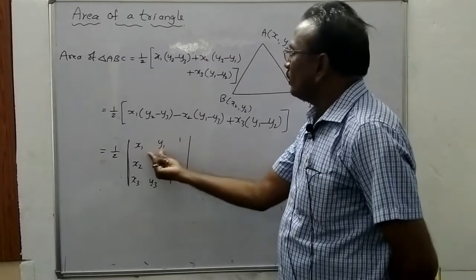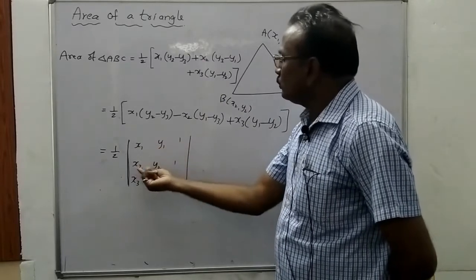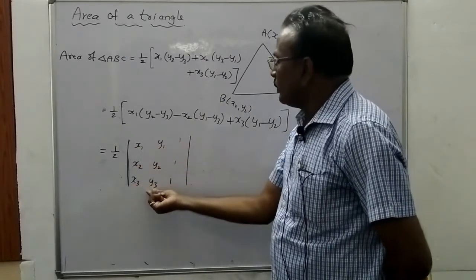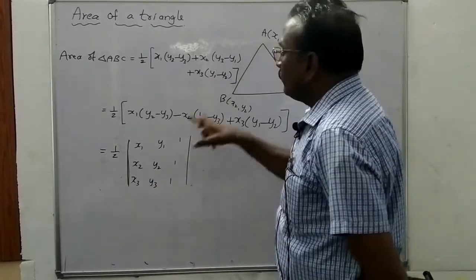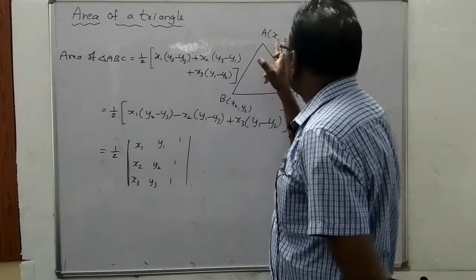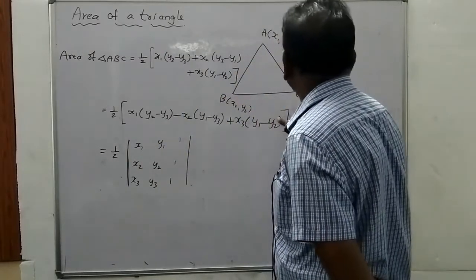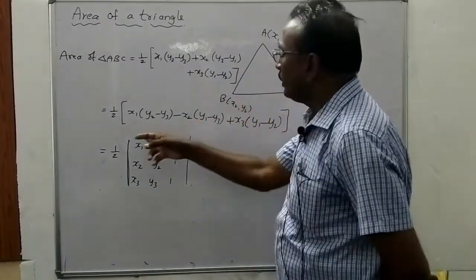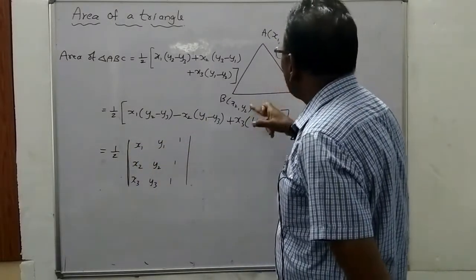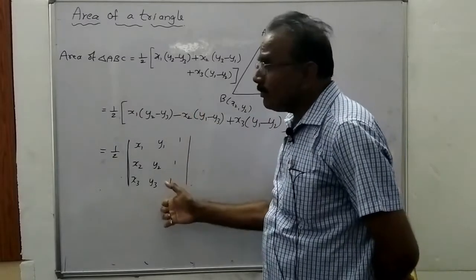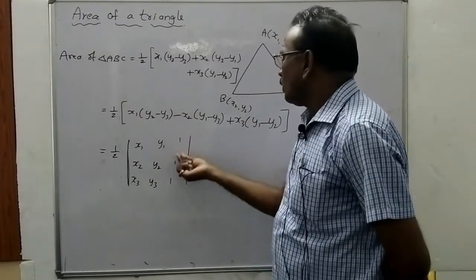Otherwise, note: write the x coordinates of the three vertices x1, x2, x3 in the first column, the y coordinates y1, y2, y3 in the second column, and the third column fixed as 1, 1, 1.